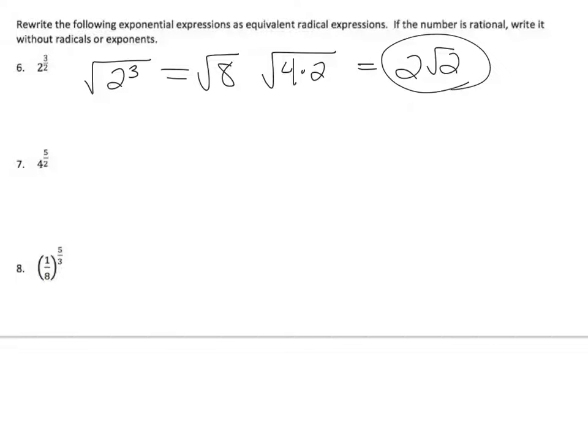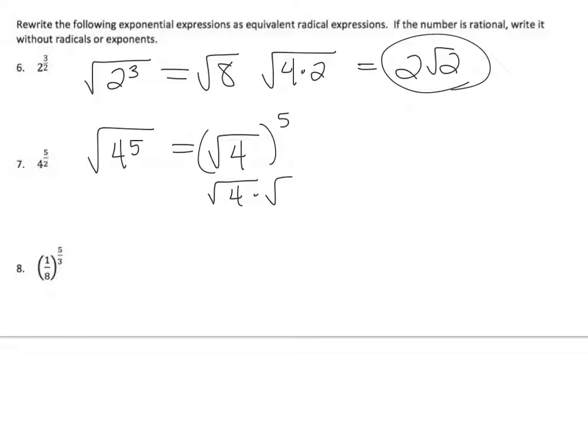4 to the 5/2 is the square root of 4 to the 5th power, which is the square root of 4, all of it to the 5th power. And think of that. For every 2 square roots of 4, I can get rid of the root. I'm really going to write all 5 of them, aren't I?